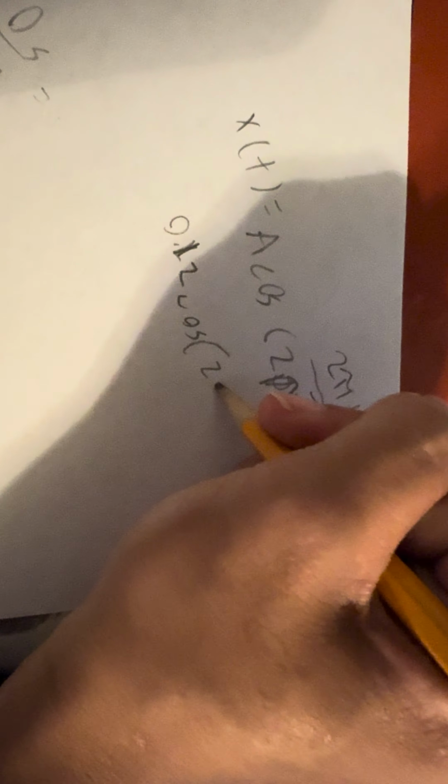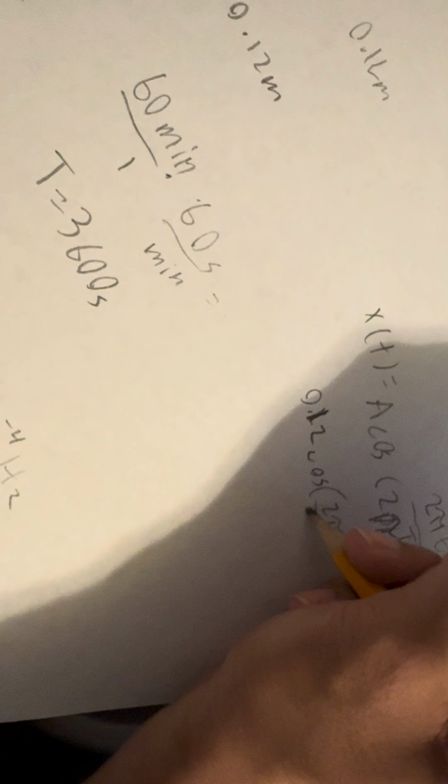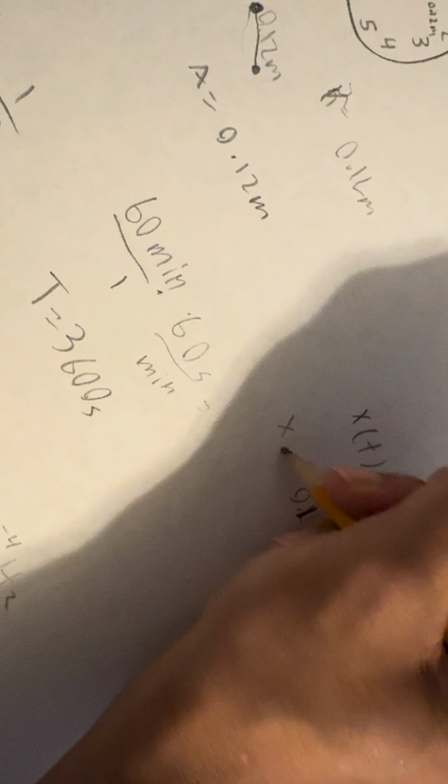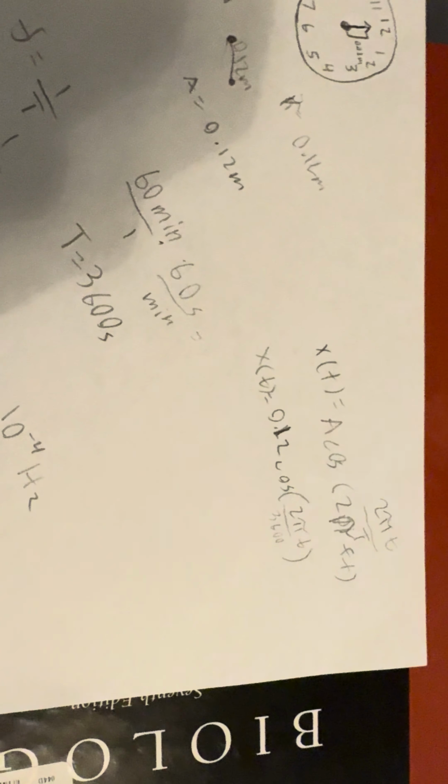So it'll be 0.12 cosine of 2 pi t over 3,600, which gives us the final equation for our position over time for our simple harmonic motion.